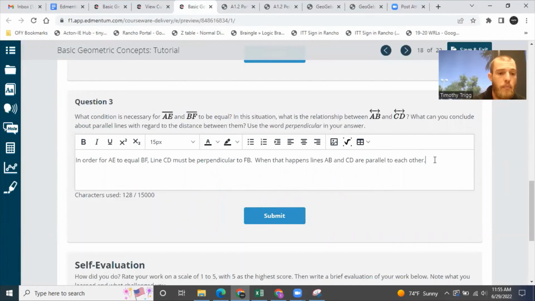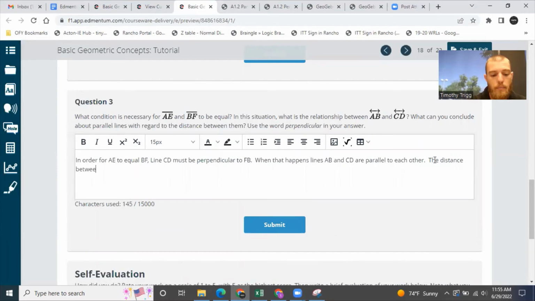What can you conclude about parallel lines with regard to the distance between them? The distance between parallel lines remains the same throughout.